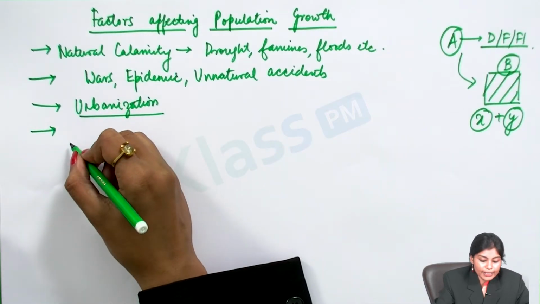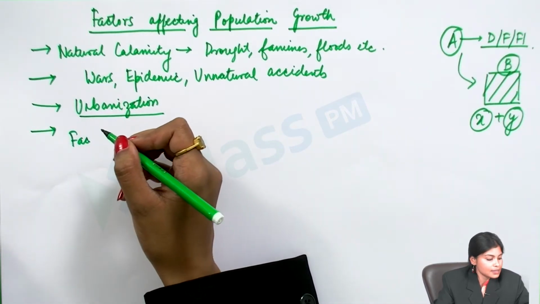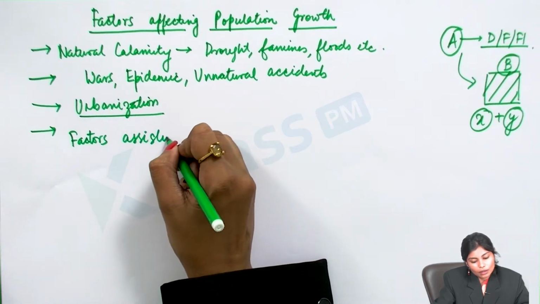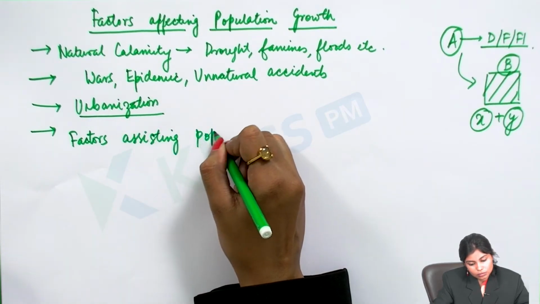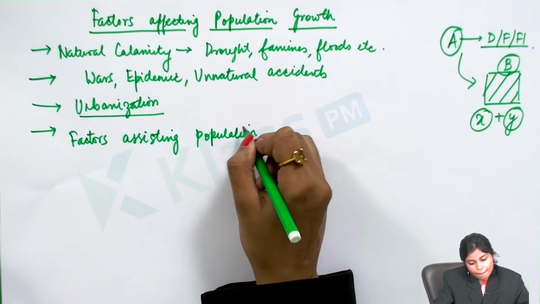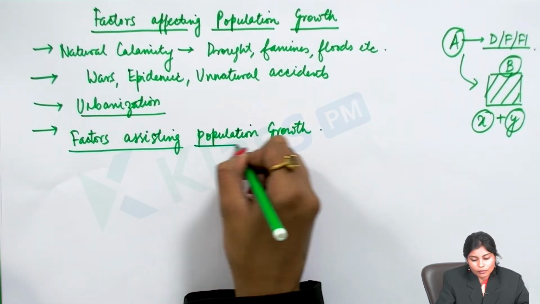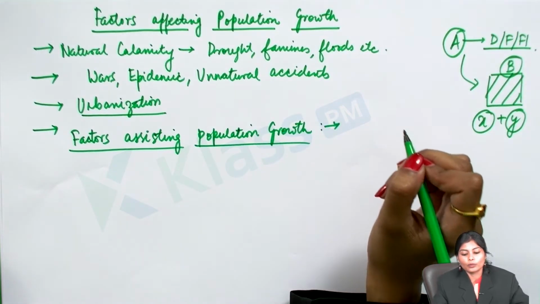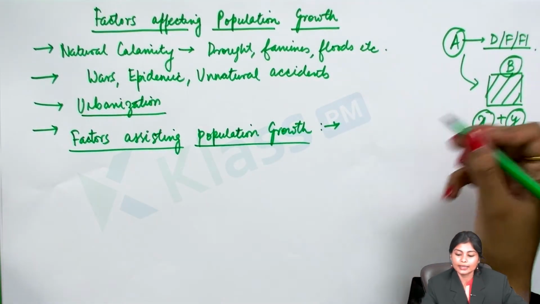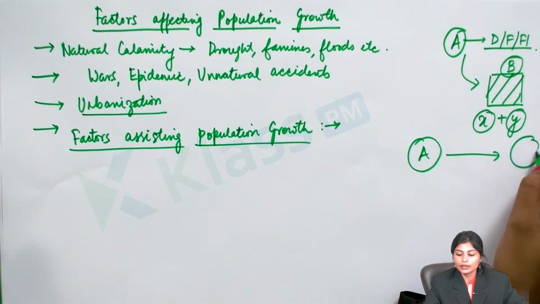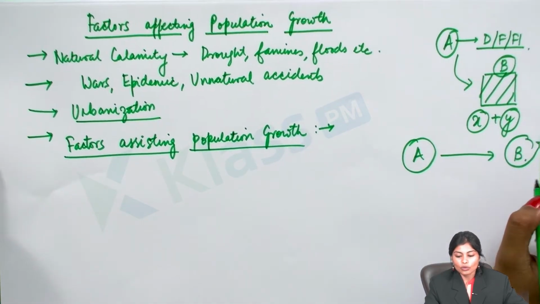Okay. Now next let us discuss the factors assisting population growth. Now you also understand that, as I told you, people from one area A are moving to another area, say B. Okay, so why are they moving?